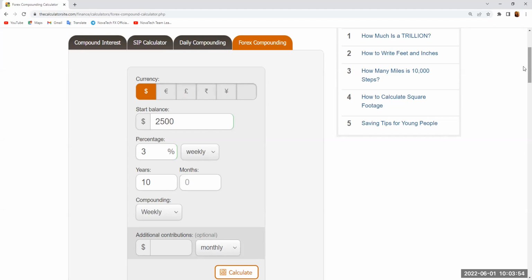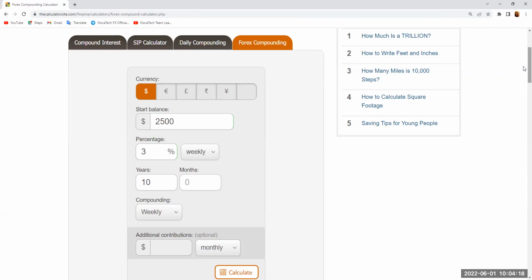All right. Now, we're going to use 3% as our return on investment, which is what we typically earn weekly. All right. Now, that is simply an average. We never know exactly what we're going to get every week. It's anywhere between 2 and 4%.